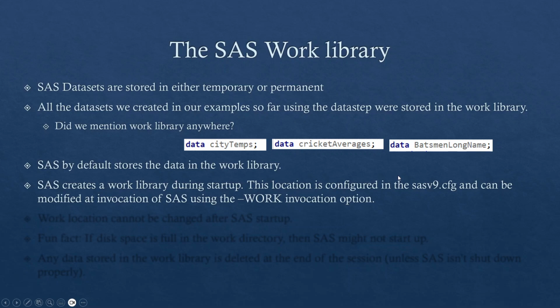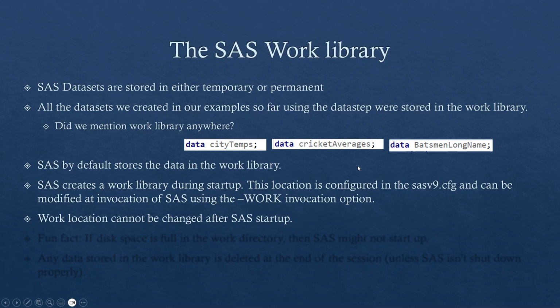SAS creates the work library during startup, and this location is configured in the SAS v9.cfg. If you have access to that location, an administrator who typically has access can go and change the location if required, or a user who can start up SAS using the SAS executable can pass the optional dash work invocation parameter and provide a different path for the work library.